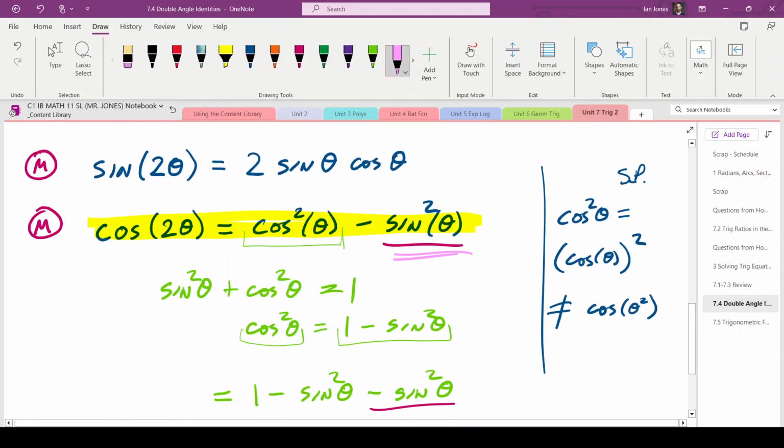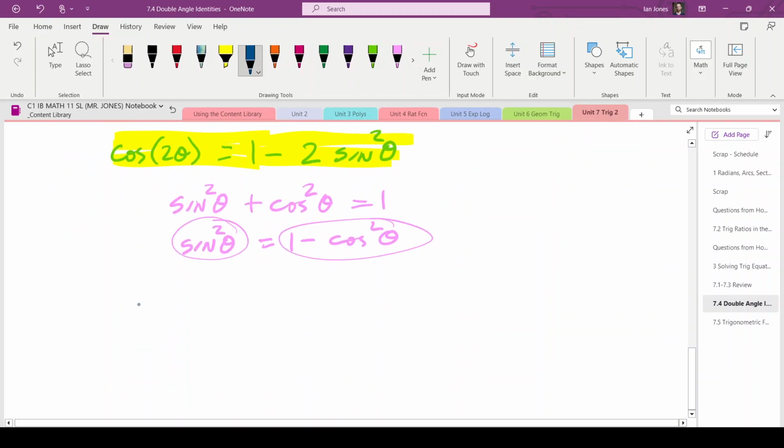Okay, so now I'm going to have cosine of 2 theta equals cosine theta squared minus sine theta squared. But I'm going to replace this sine theta squared with this 1 minus cos theta squared. Now I've got to be careful because I have a subtraction, so I'm going to put brackets like this.